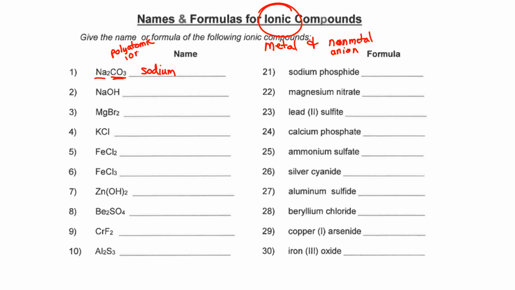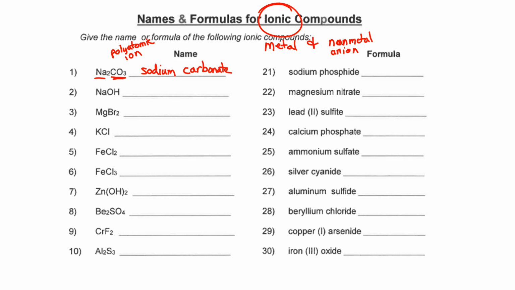Where do I go to find out the name of the polyatomic ion? I have to go back to my periodic table reference packet, look on the 3rd page of it, find the selected polyatomic ions and look it up. And so what do we find out is the name of CO3? Carbonate. All right, so sodium carbonate is the name of this one.